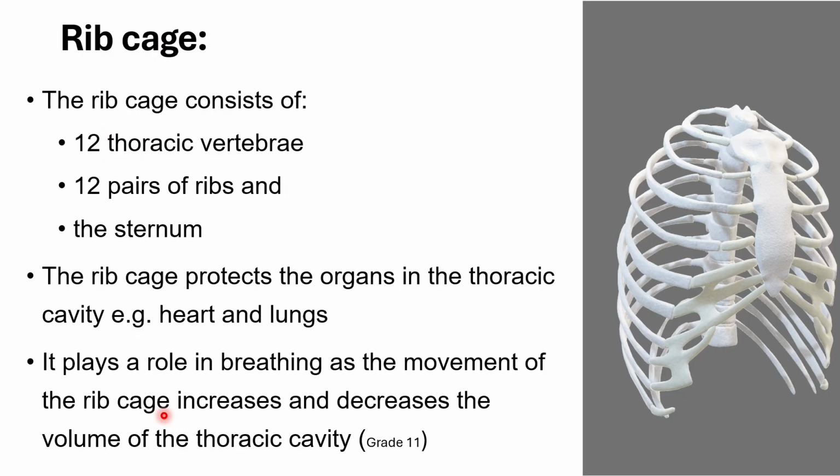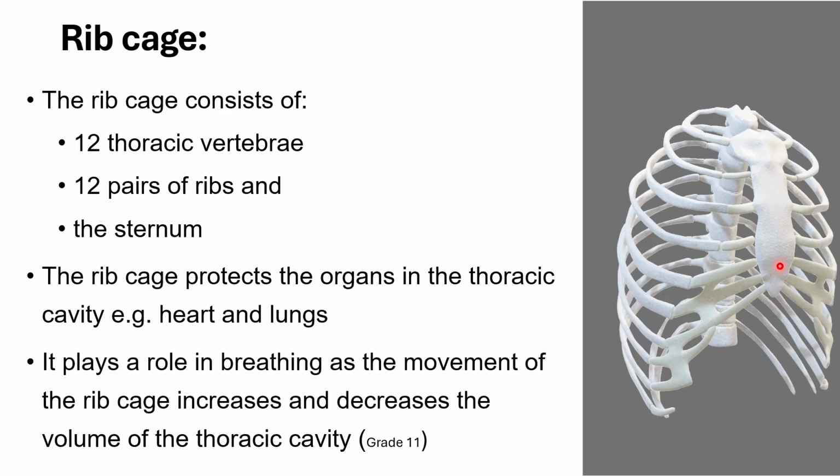Right, the rib cage. If we look at the rib cage, we've got 12 thoracic vertebrae and then 12 pairs of ribs. Each pair of ribs will be connected to a thoracic vertebra. And then right in the middle, we've got the sternum. The sternum is a very, very hard bone, one of the hardest bones in the body.